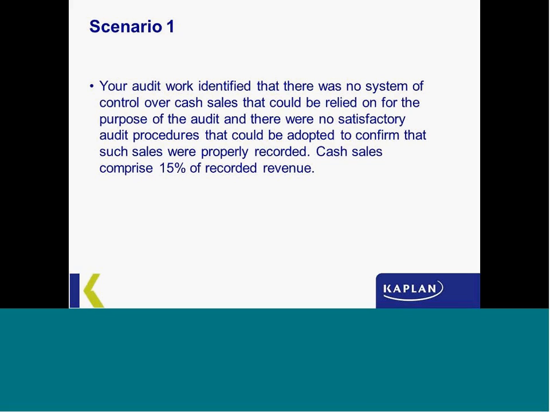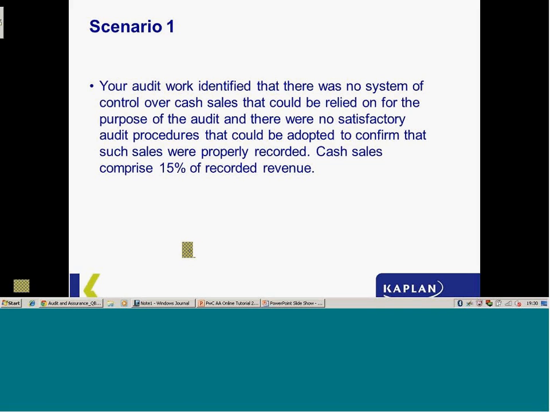We've got a range for profit before tax, a range for revenue, a range for assets. 5% is a low range. What's the top one? Yeah, 10.